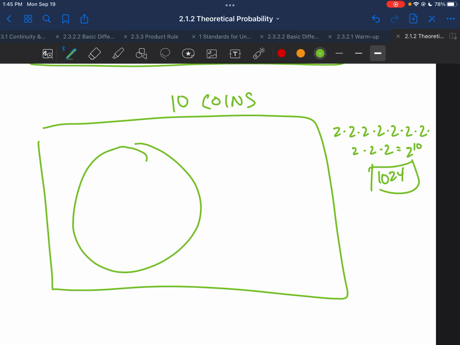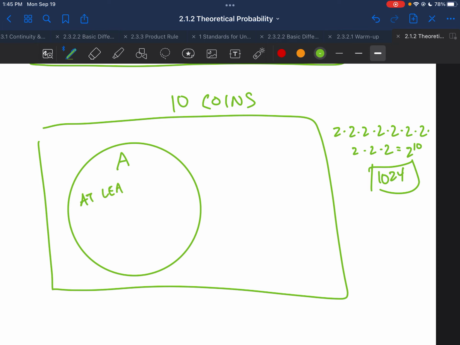I do not want to list all of these out, okay? So again, we have event A here, and event A is getting at least 1 head.